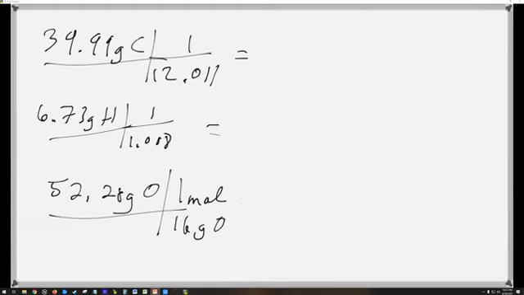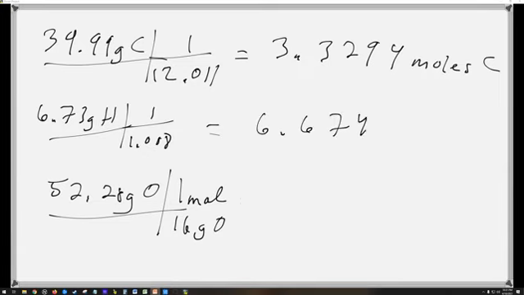All right, so 39.99 divided by 12.011 gives us 3.3294 moles of carbon. 6.73 divided by 1.008 gives me 6.6746 moles of hydrogen. Notice that I'm not rounding much. I would round to 4 digits, maybe 5, but no more, no less, okay?